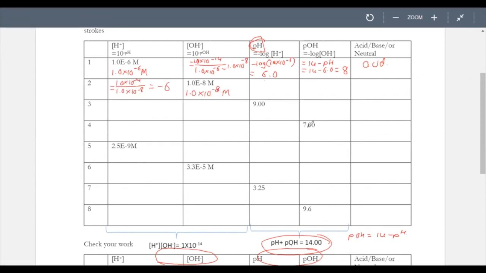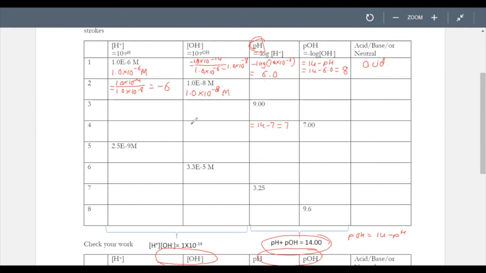And this is pOH. So if you have pOH as 7, what is going to be the pH? pH is going to be 7. 14 minus 7 is equal to 7. Makes sense? So what is going to be this? So this is going to be what?